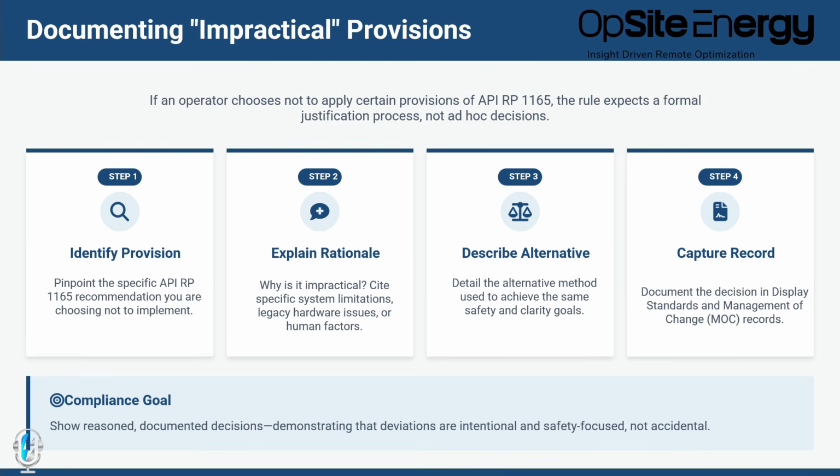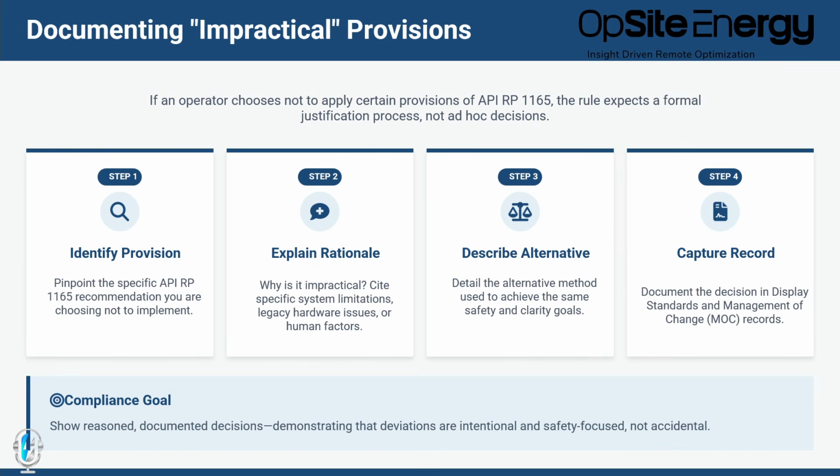Say I can't implement 1165, but what are some of your other measures from a compliance standpoint to make sure that you have safety at the forefront. So just having that documented.